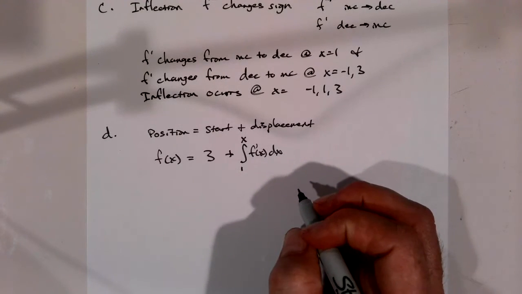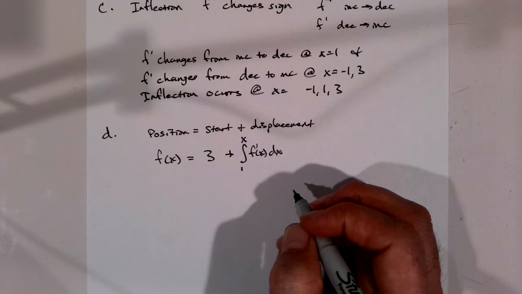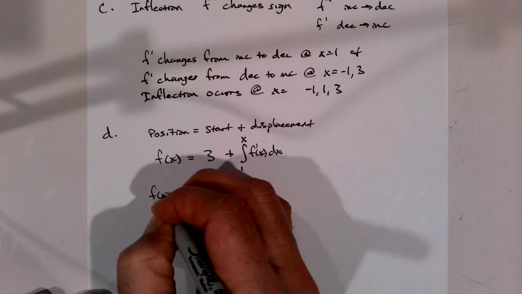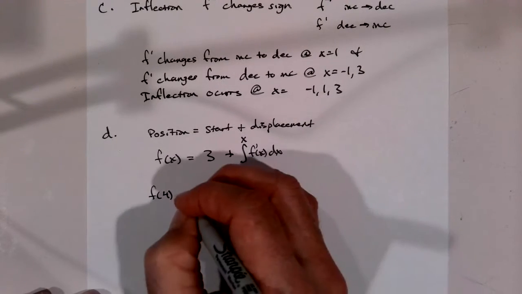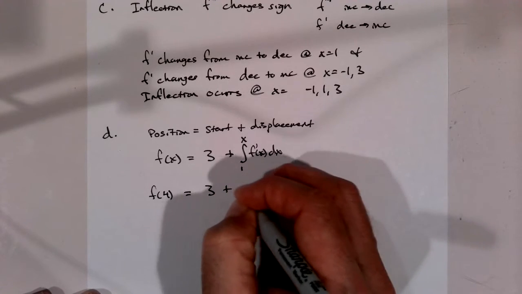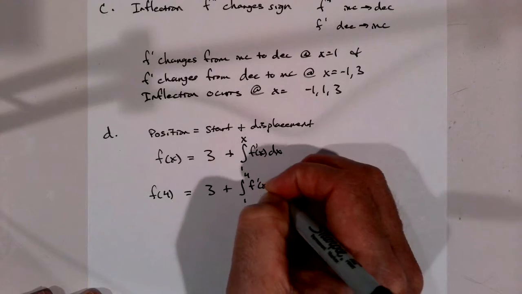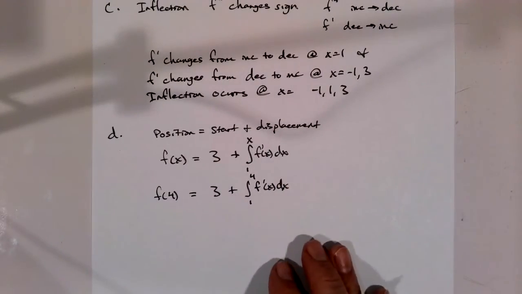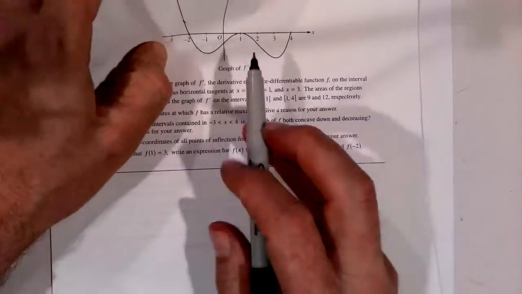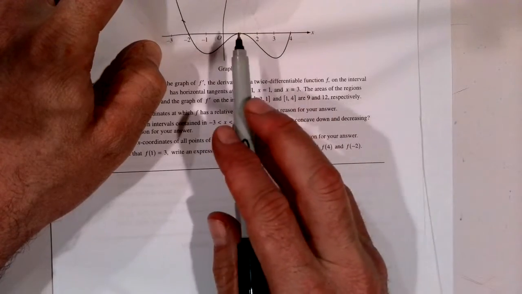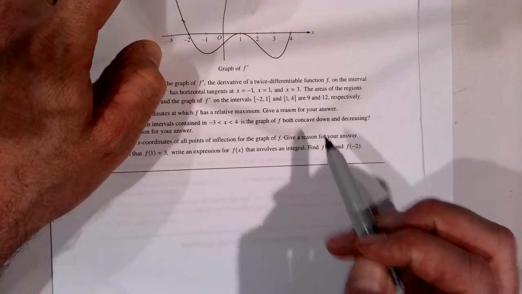And now we're going to use that, okay? And it says find f of 4. Well, that's going to be equal to 3 plus the integral from 1 to 4 of f prime of x dx. And it told us that the integral from 1 to 4, that area right there, is 12.